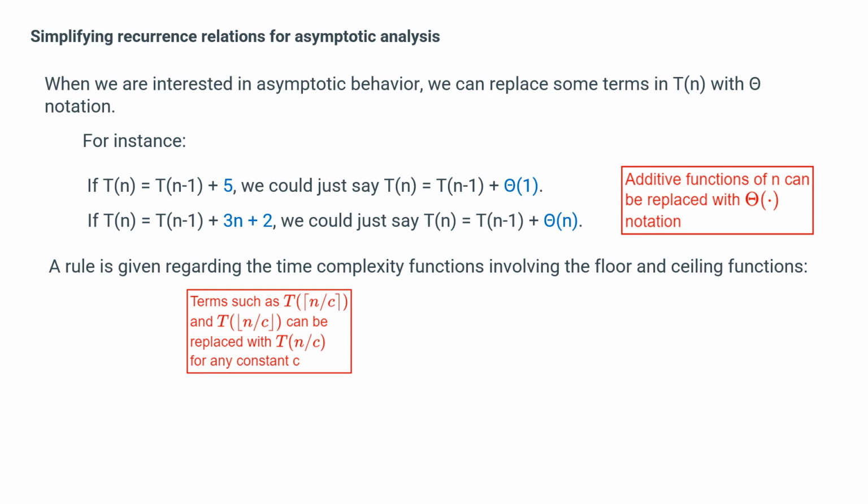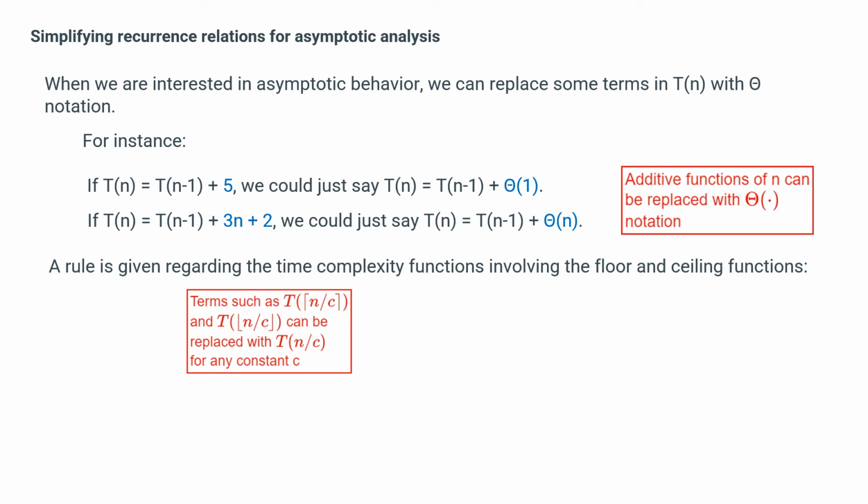That means we're talking about the ceiling function, meaning we take n, divide it by c, and then get the next highest integer. The next one is where the top of the bracket is missing, so that is the floor function, and that would be taking n divided by c and finding the next integer lower than n over c.